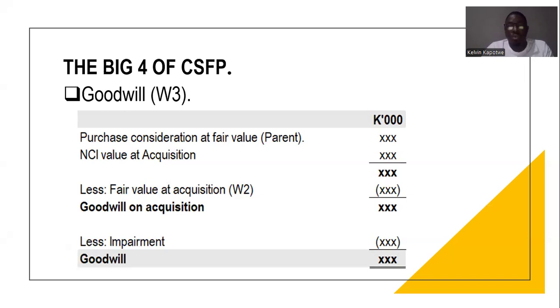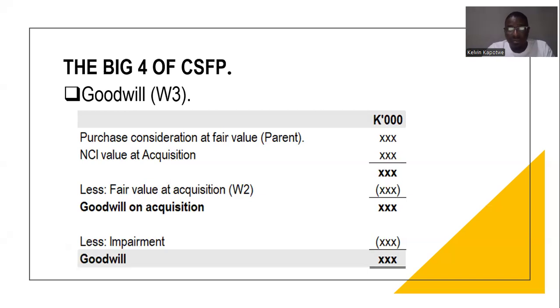So when you add the fair value of the parent consideration plus the NCI at acquisition, that would give you the total consideration for that particular subsidiary. Then you're going to compare that with the fair value of net assets at acquisition date. You've seen I've put working number 2 there, W2.